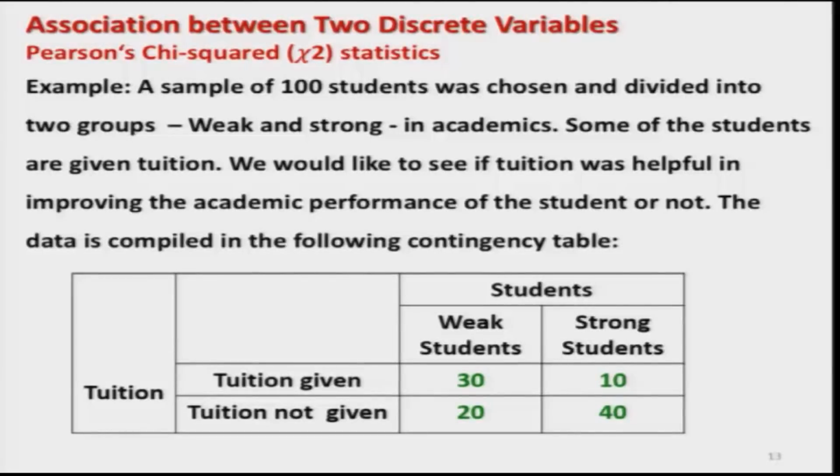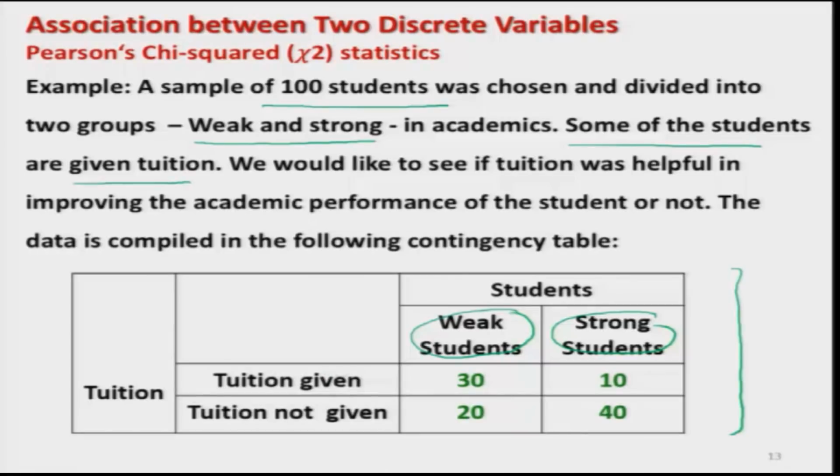So what we have done here is that this sample of 100 students is divided into two groups, weak and strong in academics, and some of the students from both weak and strong were given tuition, and after that their academic performance was judged. The data was then compiled in the following contingency table. You can see there are weak students and strong students, and students who were given the tuition or not given the tuition.